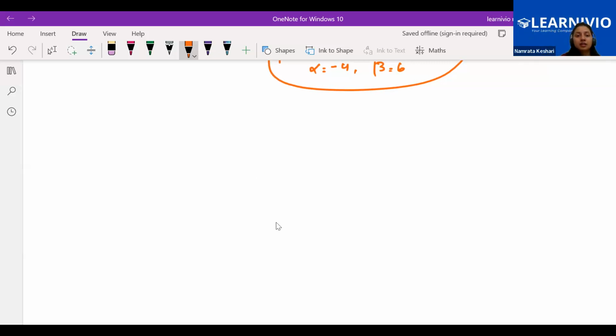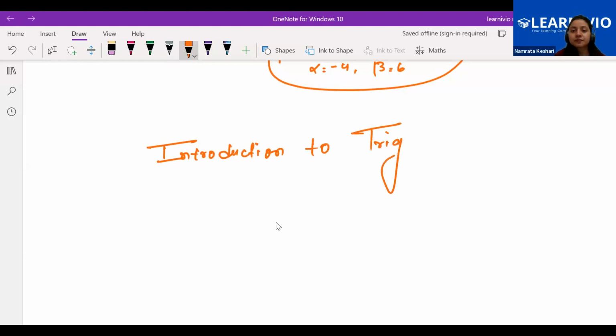Okay, let's continue. The introduction to trigonometry we were about to start. Now this trigonometry is a part of mathematics. It is completely a different branch of mathematics, just like geometry where we start with the scale, pencil, ruler, compass, protractor, and we start drawing the figure.